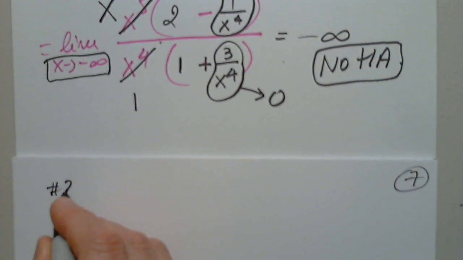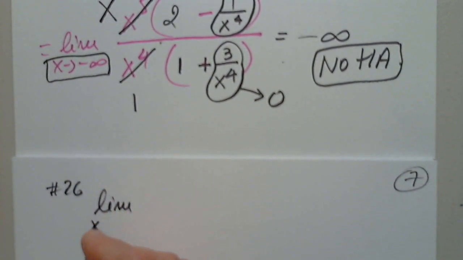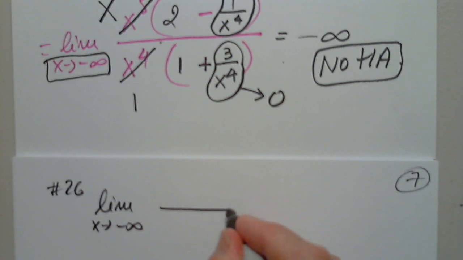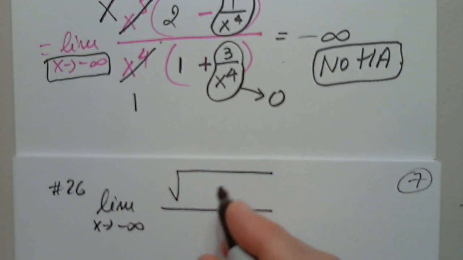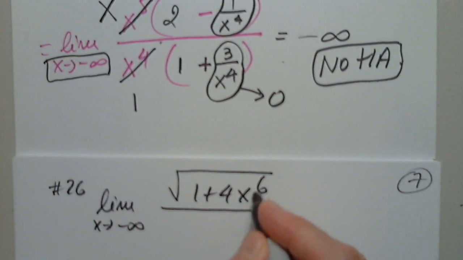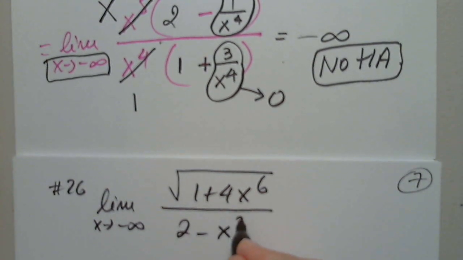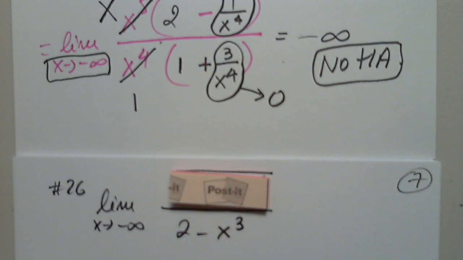So 26, limit as x approaches negative infinity, the square root of 1 plus 4x to the 6th, over 2 minus x to the 3rd. Let's start with the denominator. Where is the denominator going? What's the target? We are not saying it attains the target, but where is it going?